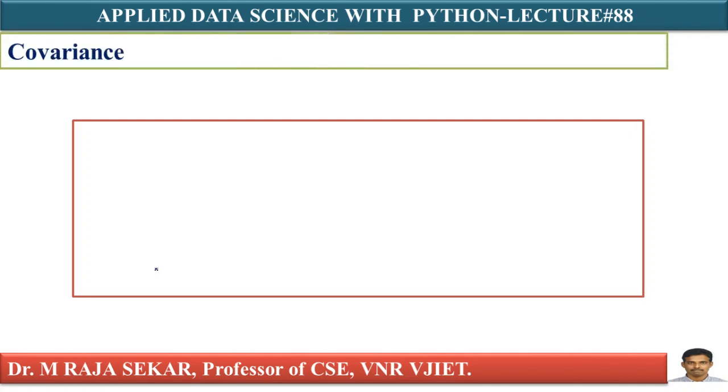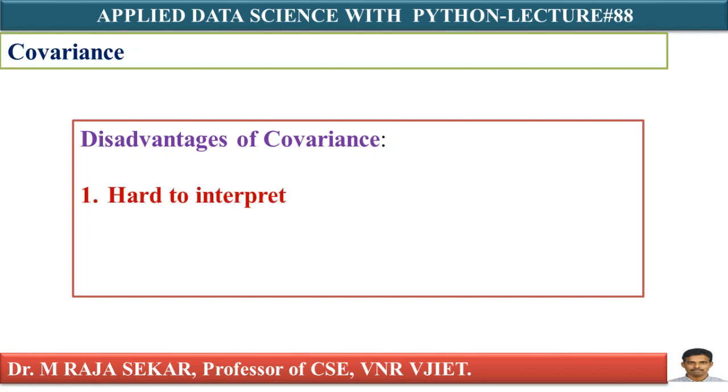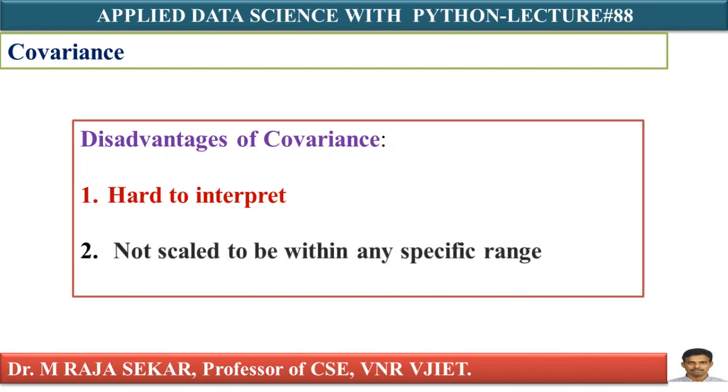When you talk of covariance as a measure of the relationship between two variables, covariances have one drawback in that they are hard to interpret. Covariance values are not scaled to be within any specific range.